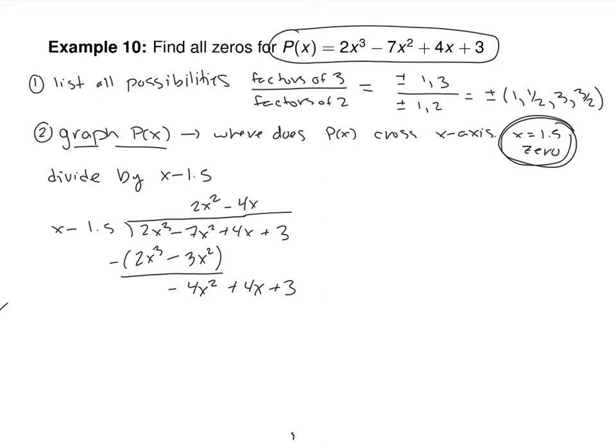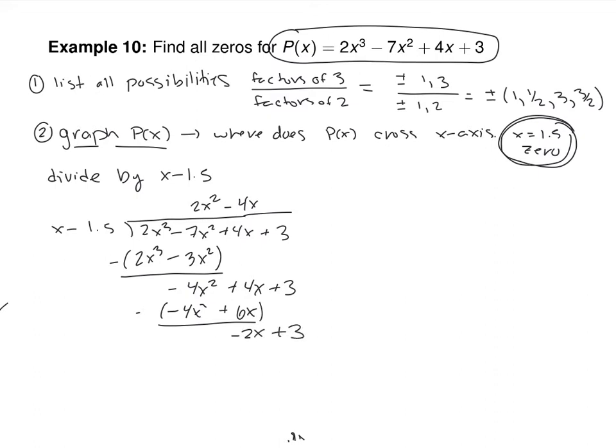So we get negative 4x squared plus 6x. Take it away. And we get, what, negative 2x plus 3?